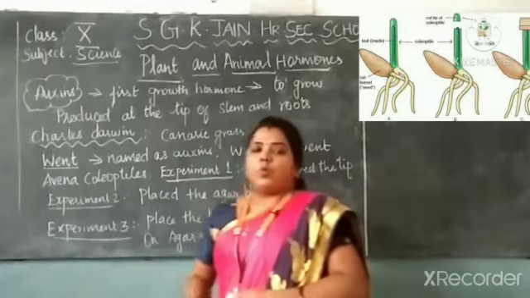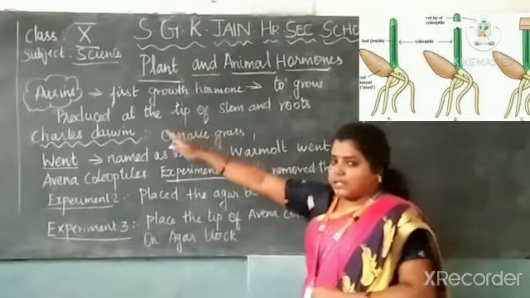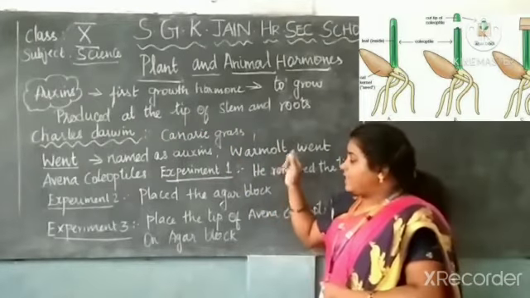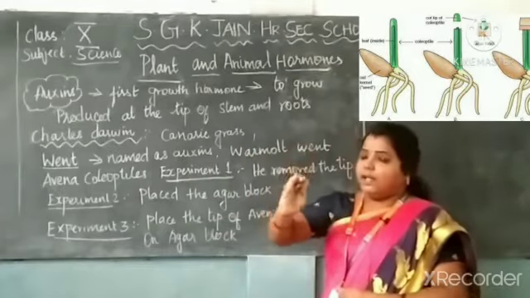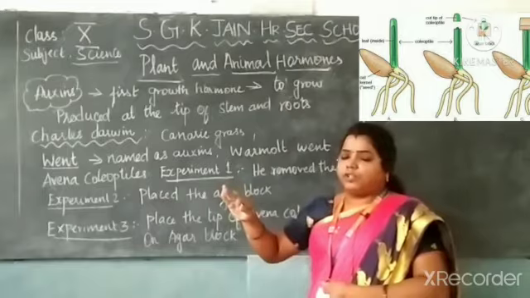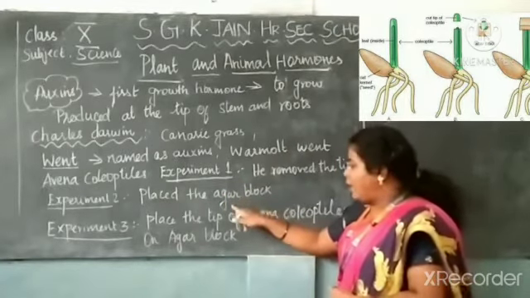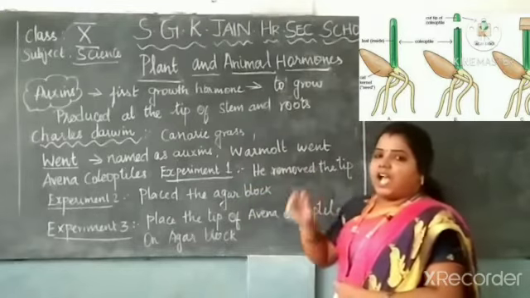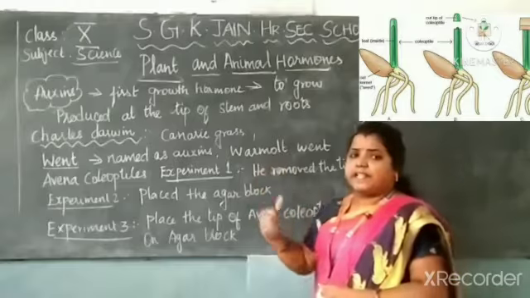So this is about Went's experiments. First he cut down the tip, where the auxin is. Second, in place of the tip, he placed agar, and he observed there was no growth of the plant. Finally, he took the agar, placed it over the tip, and the agar absorbed all the auxin present in the tip.